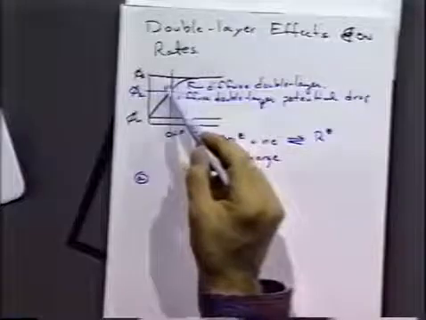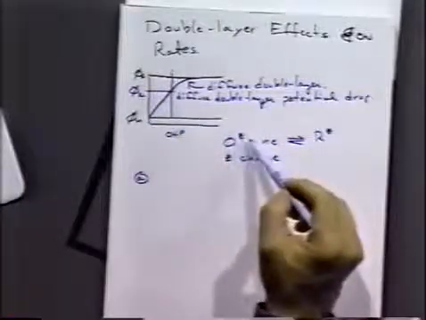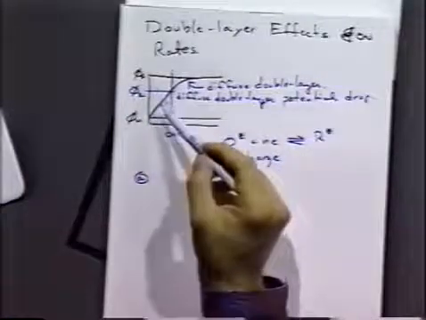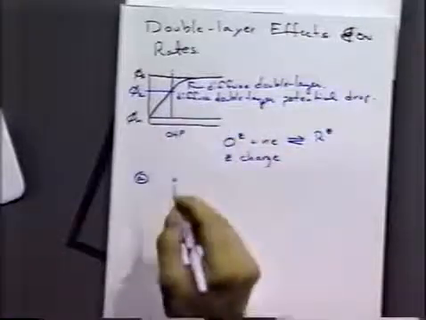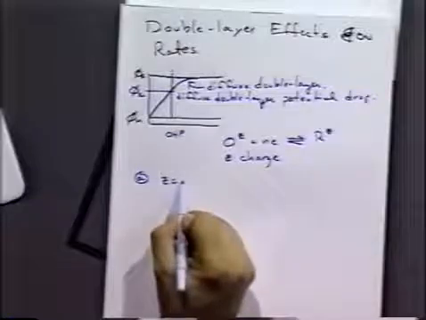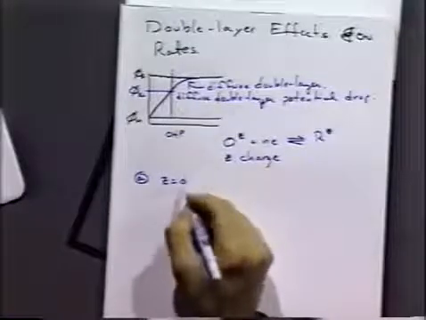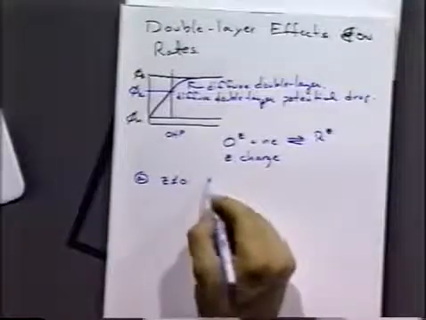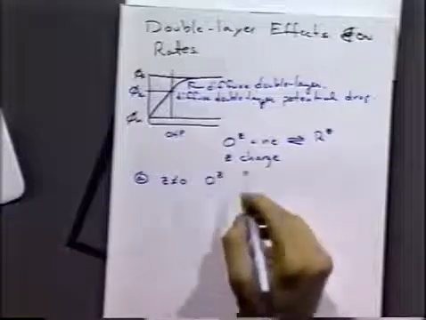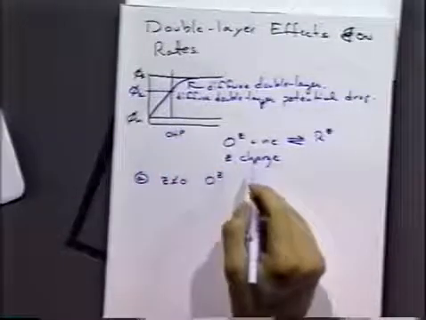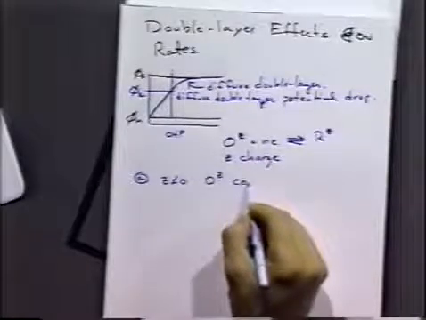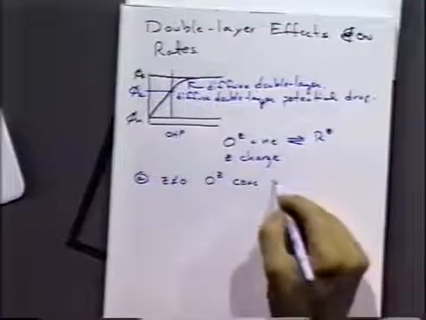Because there is a potential here, the charge of the molecule will be affected by the potential at that phi 2 point. Now, if z is not equal to 0, the concentration of O^z at the point of electron transfer will be affected by the phi 2 potential.